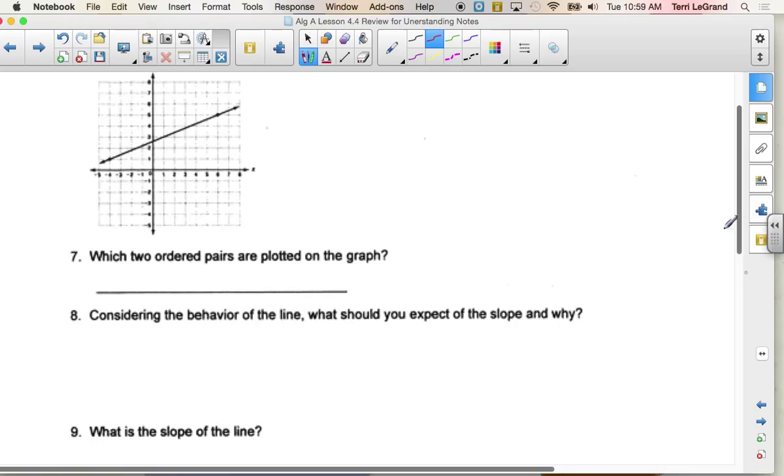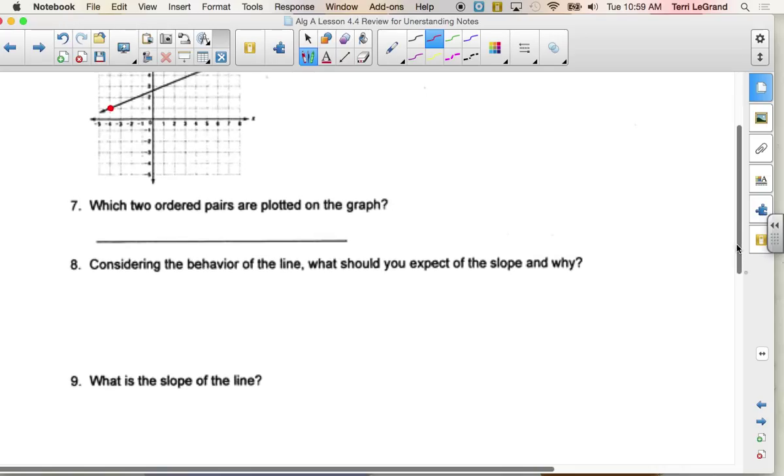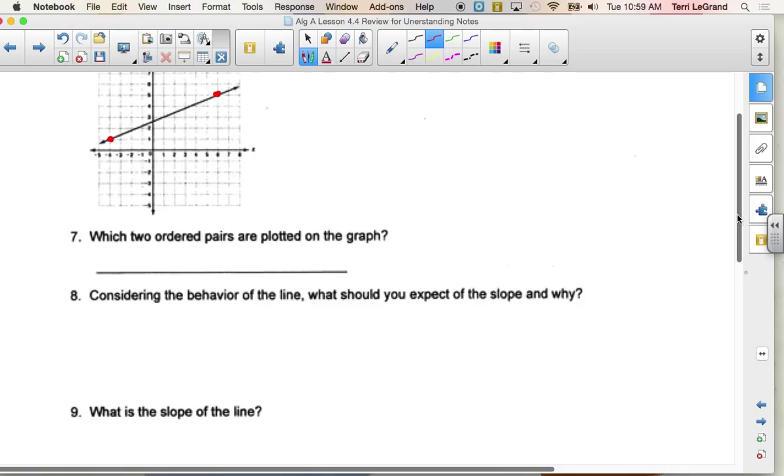I will show you with color if they're too small for you to see. They've already plotted these 2 points, and they want you to name them in number 7. Okay, the first point, moving across the graph from left to right, that's plotted.